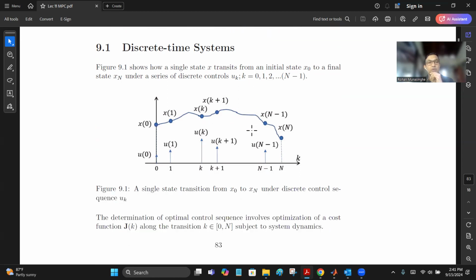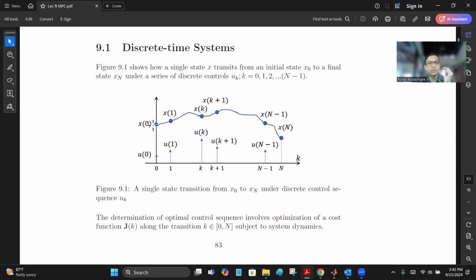Now I want to show you this illustration here on screen. You can see the state variable. You can take this as just one of the state variables or all of the states, represented by x. But to keep it simple, let's think of x as just one state variable.